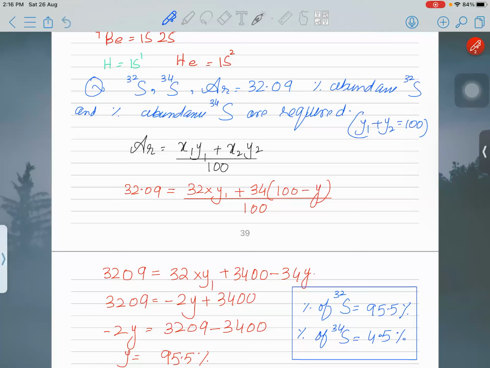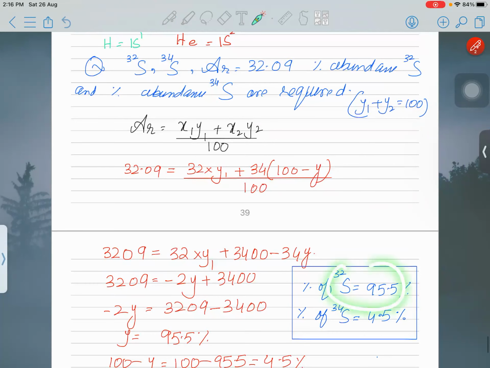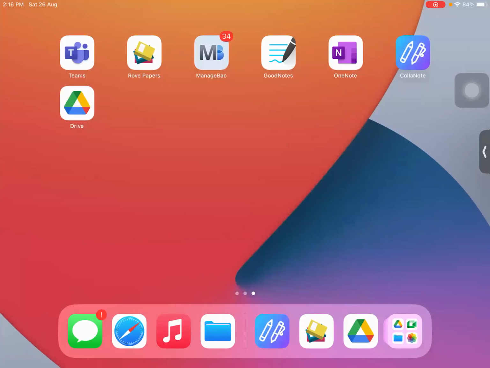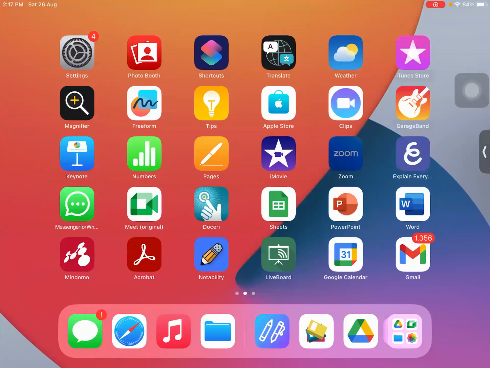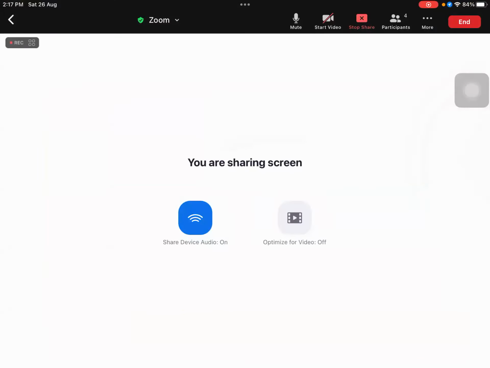Because we assumed y1 for 32. You can see that y1 is for 32. That's why y is equal to 95.5 and sulfur 32 is 95.5. Okay, any question? No, sir. Okay, tomorrow we will take another class and start past papers.